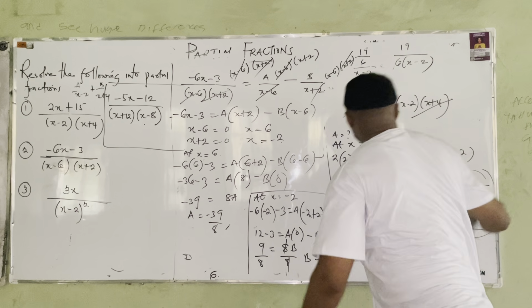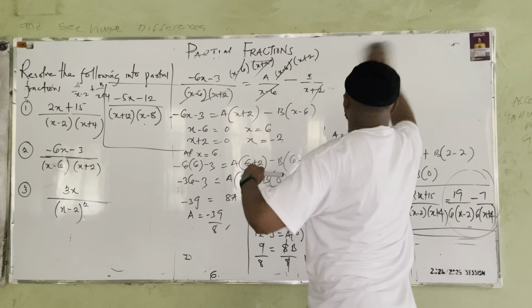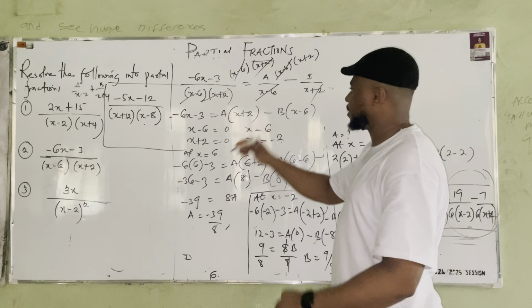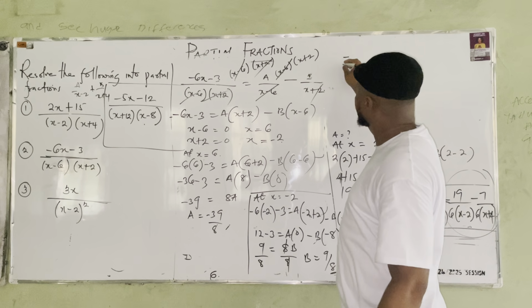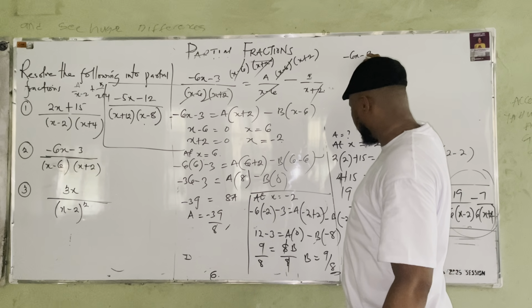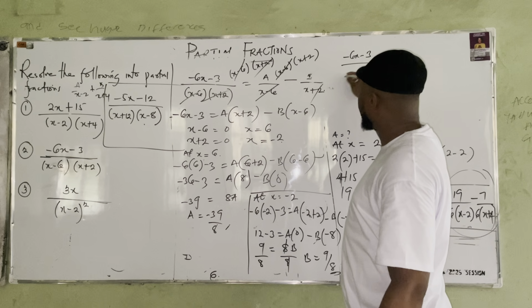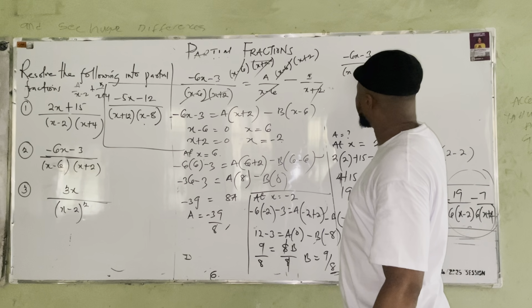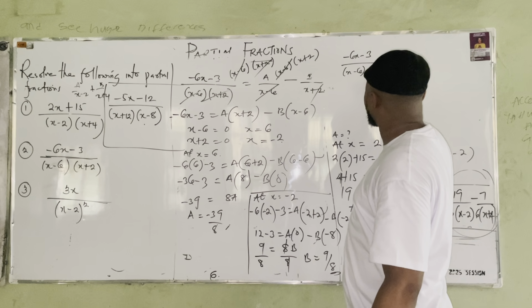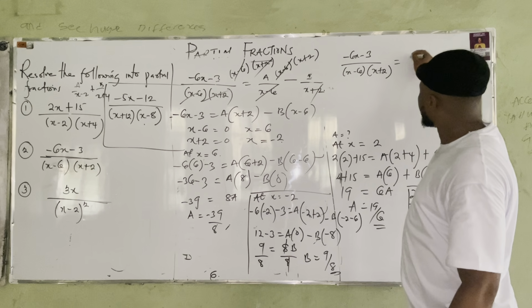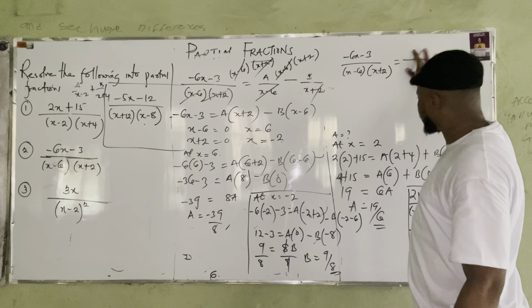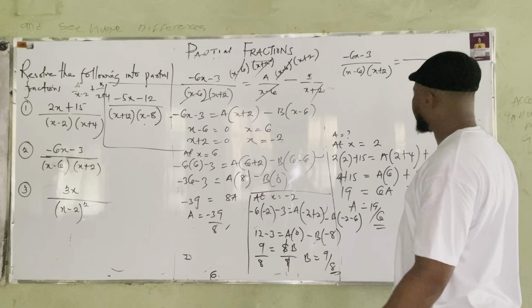So it means that our final expression would be minus 6x minus 3 divided by x minus 6, x plus 2 will be equal to, a is what? Minus 39 over 8, right?